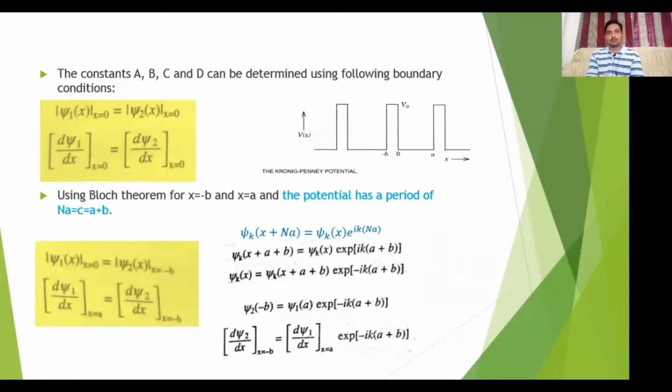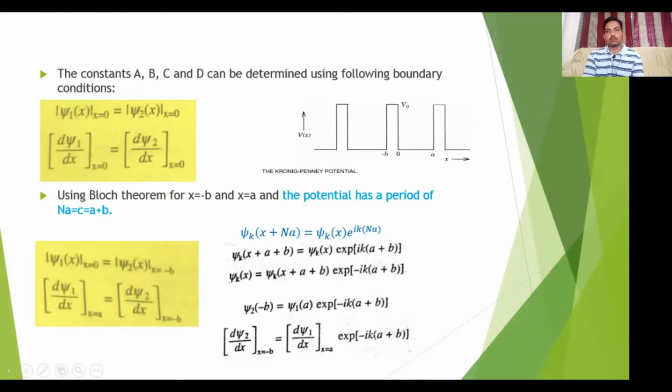To find the constants A, B, C, and D in the solution, we have to use some boundary conditions. We basically use four boundary conditions. The first one is psi 1 of x at x equals 0 equals psi 2 of x at x equals 0.